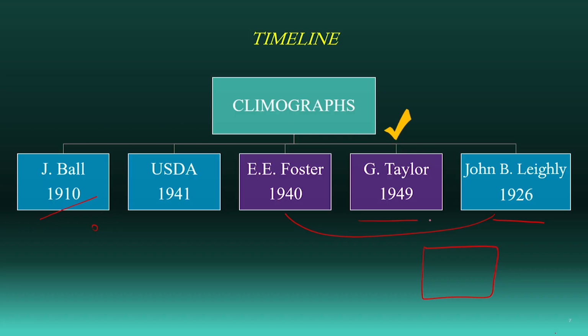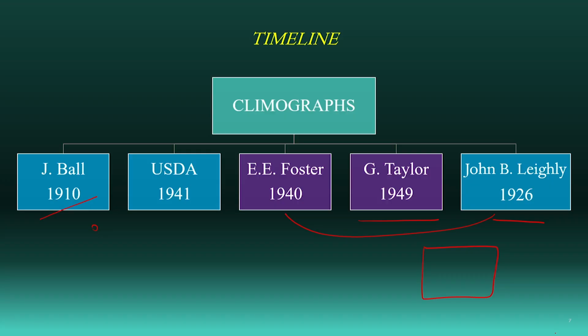Finally, in 1949, Griffith Taylor created the climograph that is now known as Taylor's method of climograph. In this session, we will look into E. Foster's and G. Taylor's climographs.